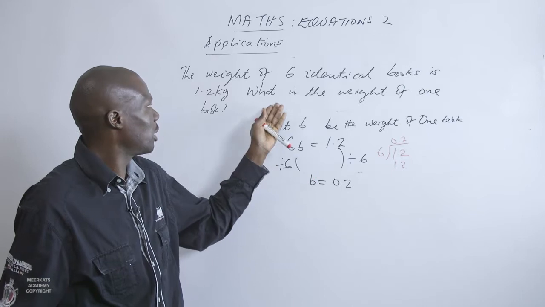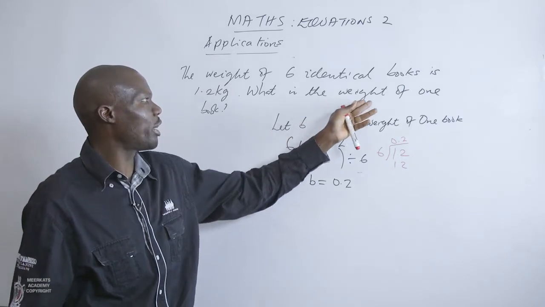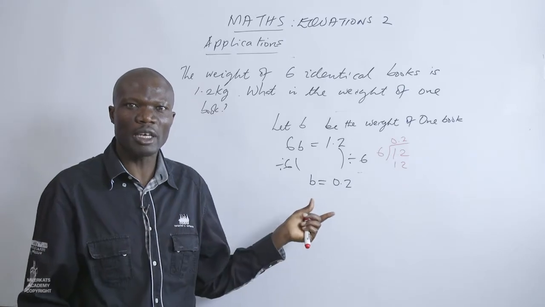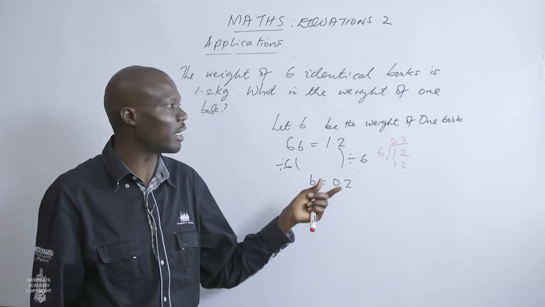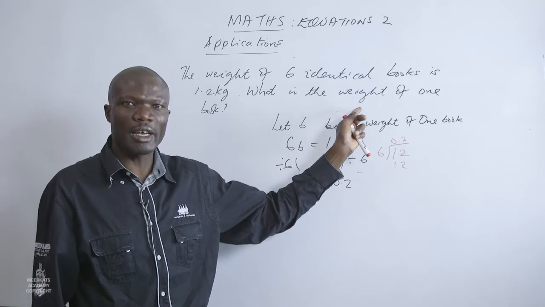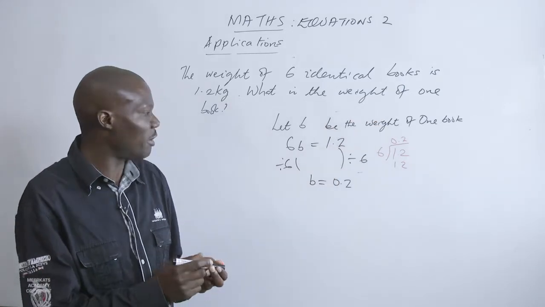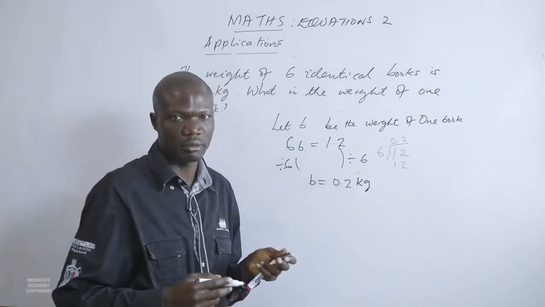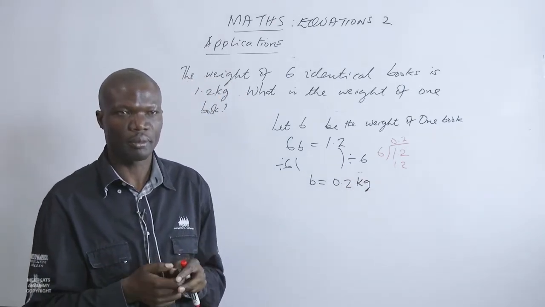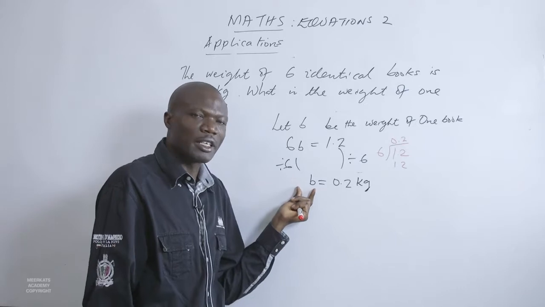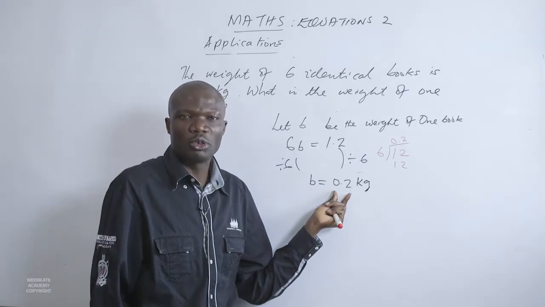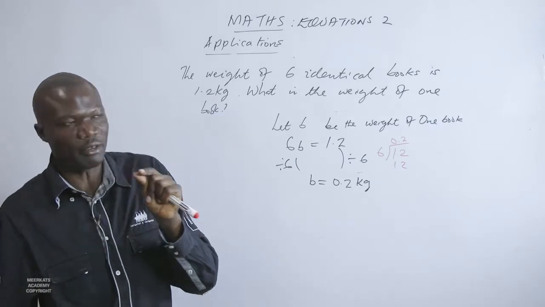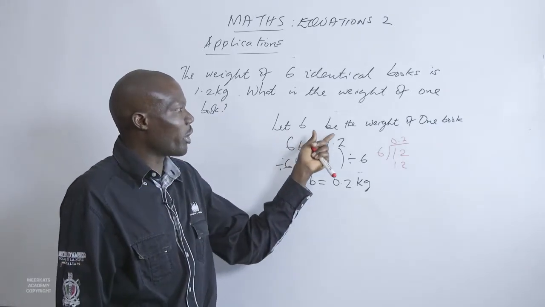But they told us to ensure that you are answering the original question. The original question is asking what is the weight of one book. So we must have the original question answered, and it is telling us the weight of the book. Therefore, this should be measured in kilograms. Having seen that B is equal to 0.2 kilograms, what does B stand for? B stands for the weight of one book.